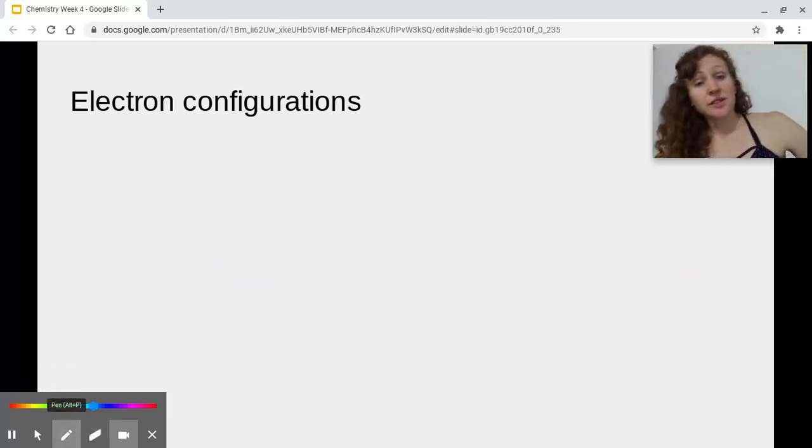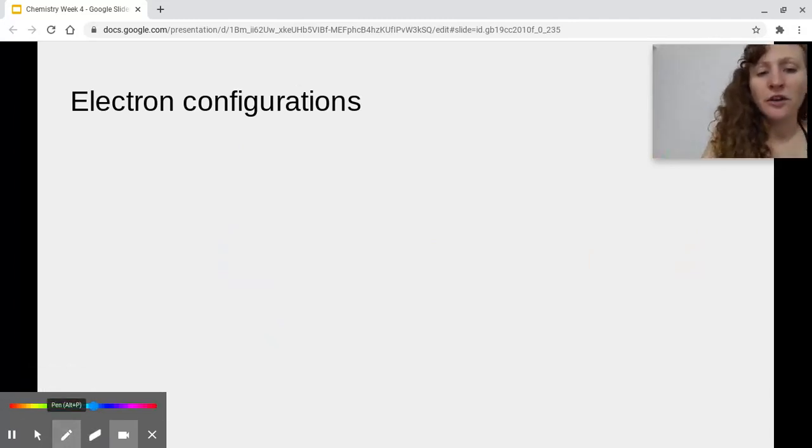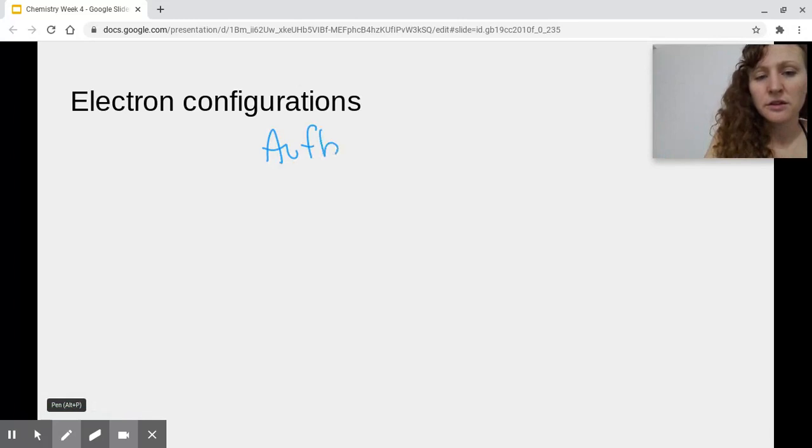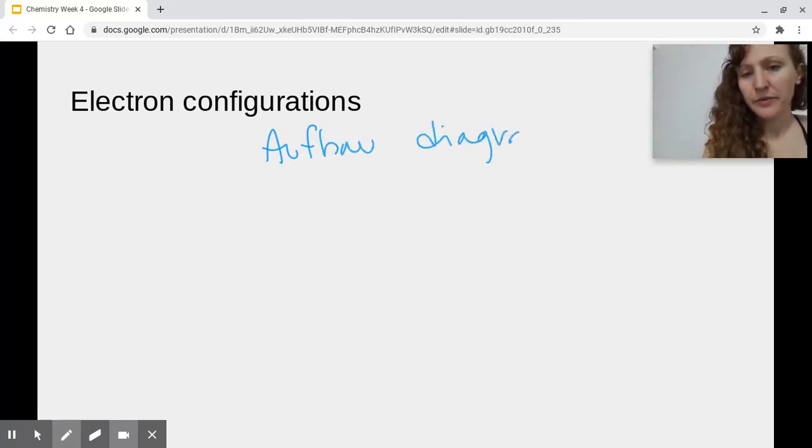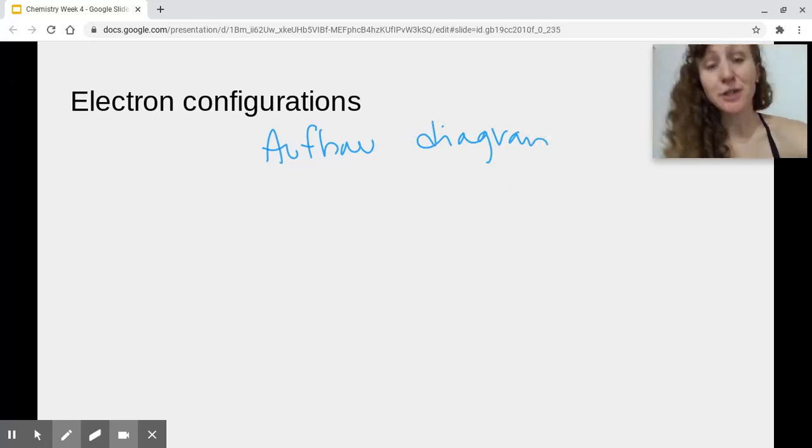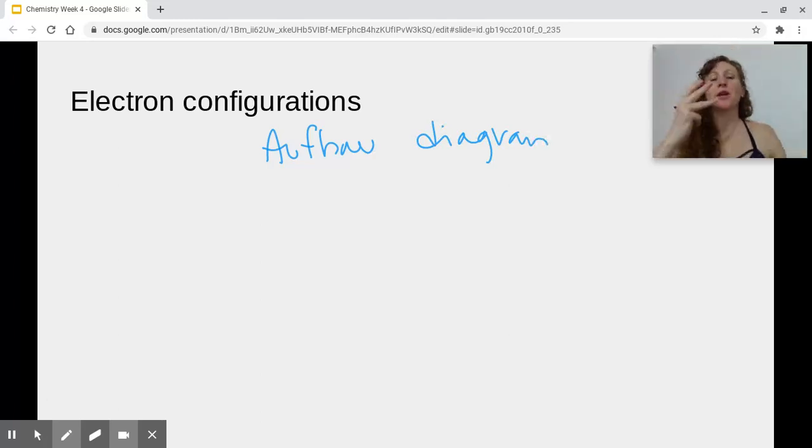Okay, so the simpler one is called the Aufbau diagram. Because what I'm describing to you right now is one of the 3 rules for writing electron configurations, and it's called the Aufbau principle.